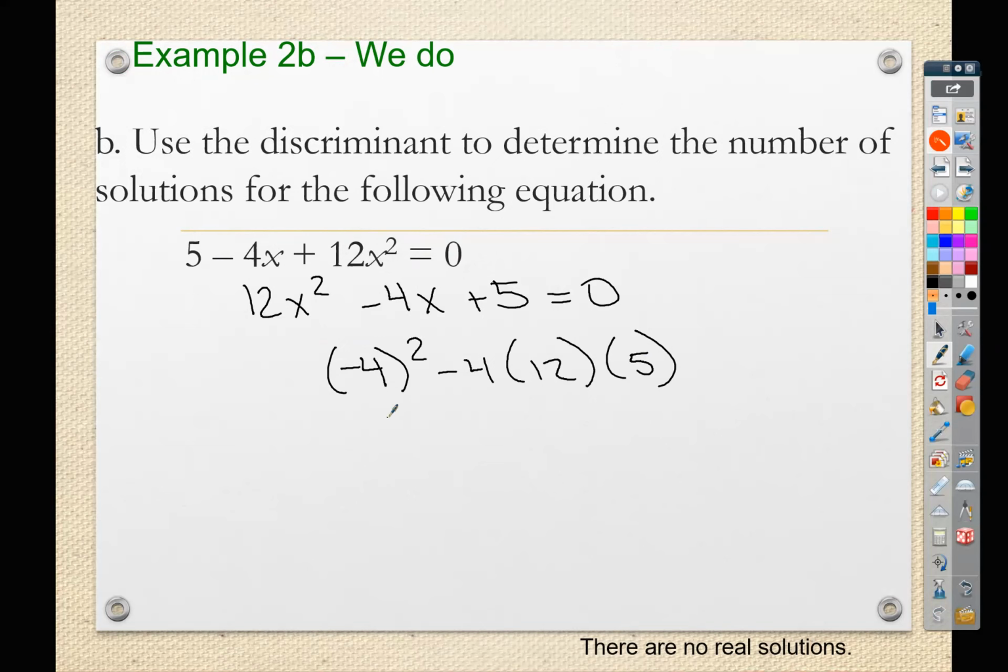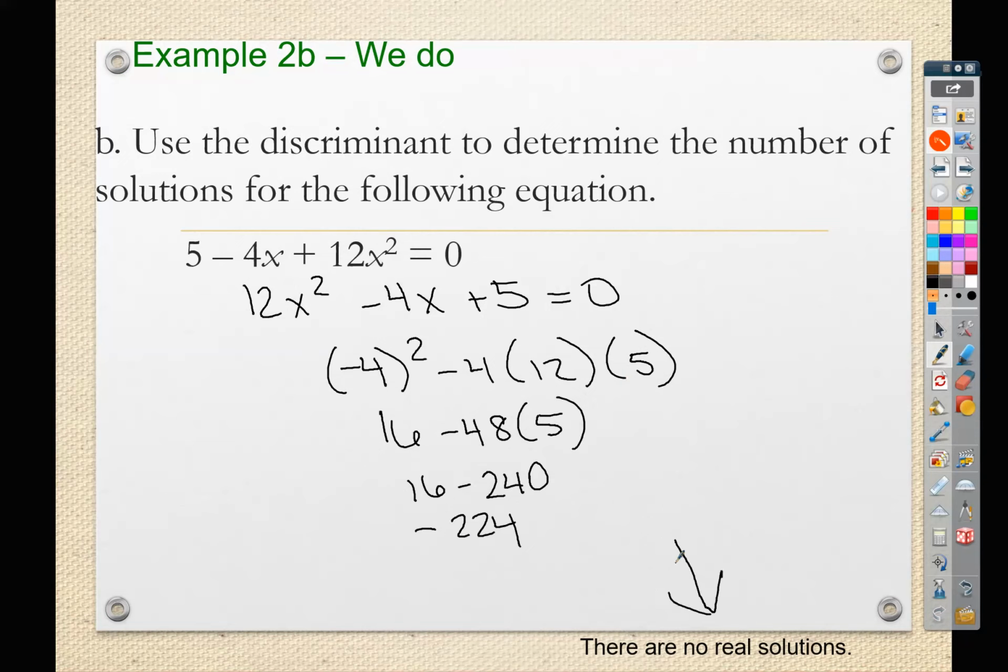So when I do this, 4 squared is 16, and then -4 times 12 is -48, and then I've got that times 5. So when I do that, I would get 16 minus 240, which is -224. So since it's negative, there are no real solutions. So when your discriminant is negative, you have no solutions. That's because underneath the radical, you would have a negative number, and you can't do that.